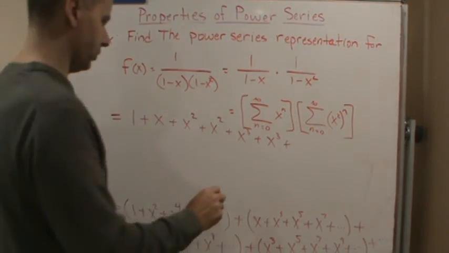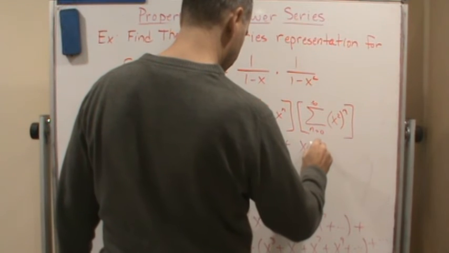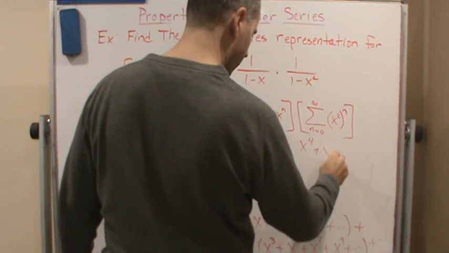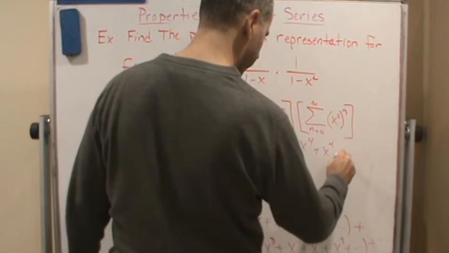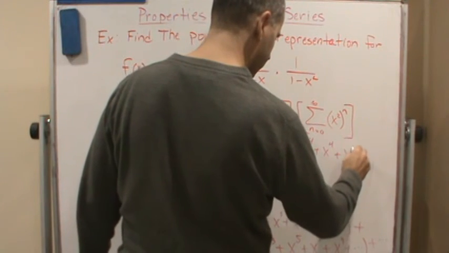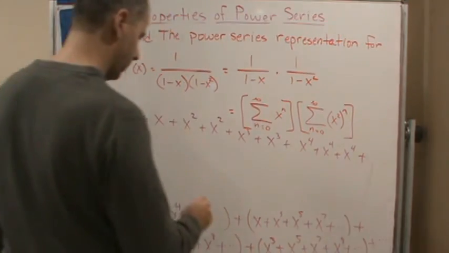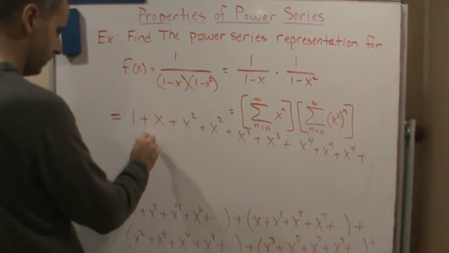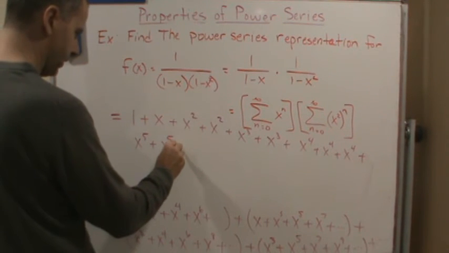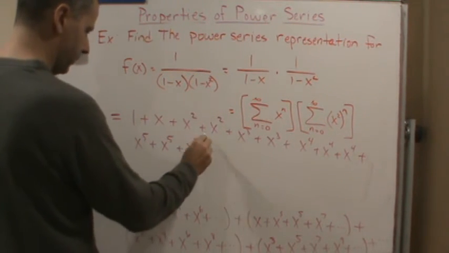And then it's going to go to plus x to the fourth plus x to the fourth plus x to the fourth, and then plus x to the fifth plus x to the fifth plus x to the fifth.